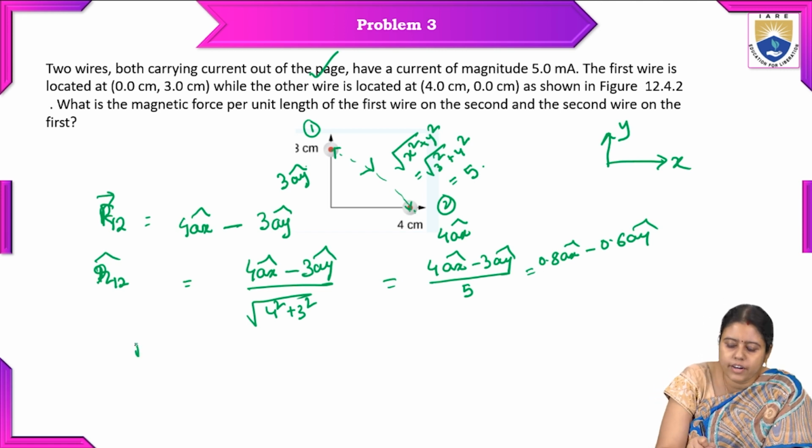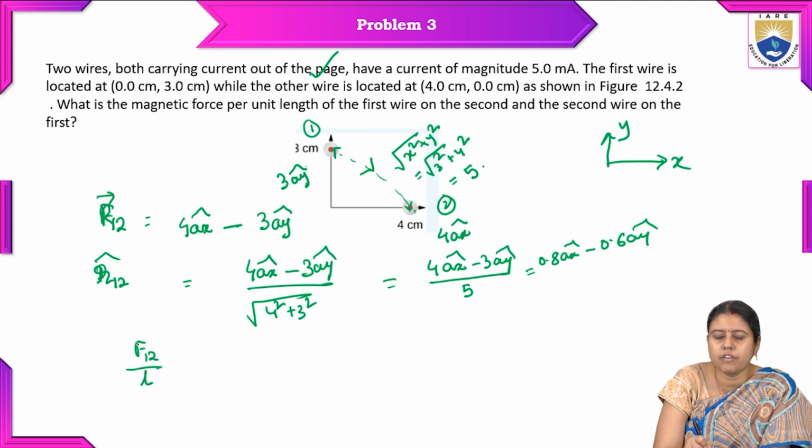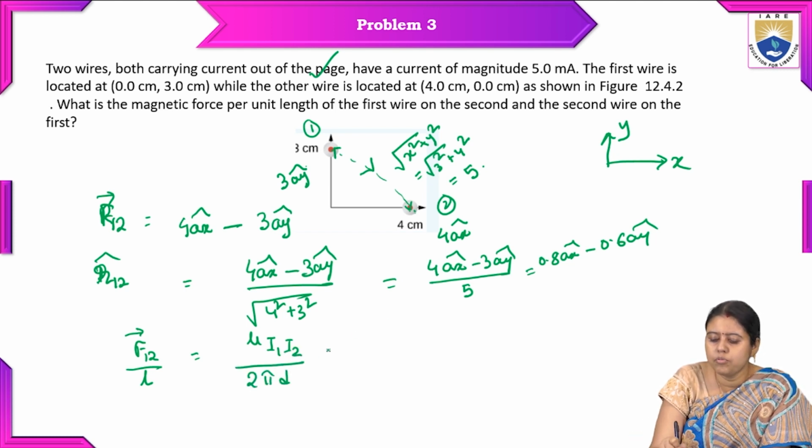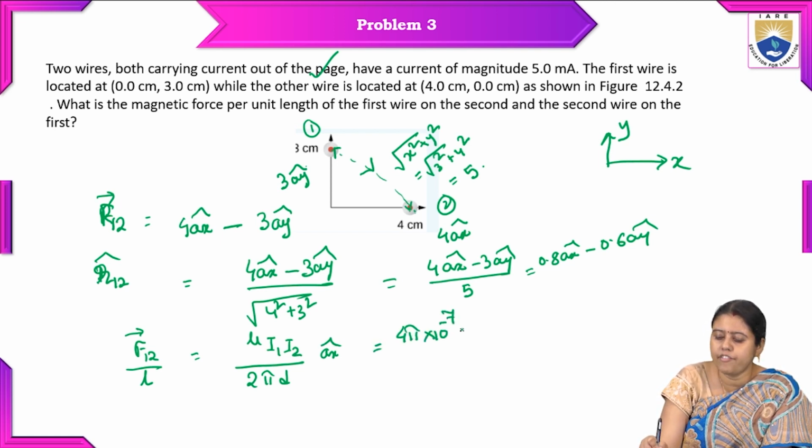Now we have to calculate the force per unit length. What is the equation of the force per unit length? Mu I1 I2 by 2 pi d into the unit vector. What is the mu value? 4 pi into 10 to the power minus 7. What are I1 and I2?